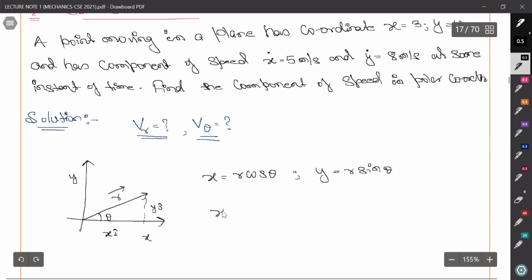If we differentiate this, x dot, what will we get? r dot cos theta minus r sin theta theta dot. So this is what we get when we differentiate x. When we differentiate y, we will get r dot sin theta plus r cos theta theta dot.